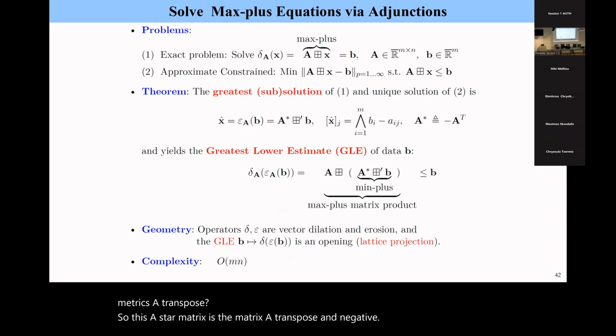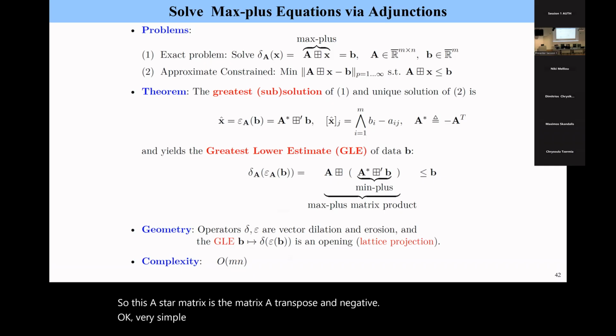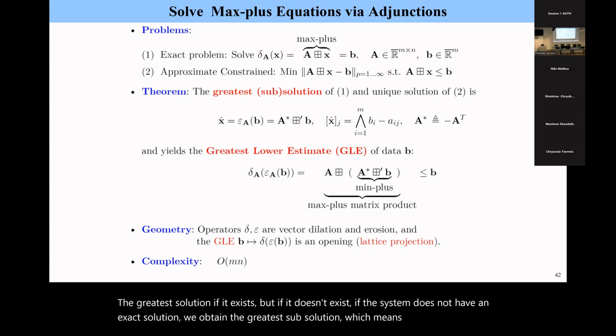Okay, very simple. So then, if we take the min plus product between the A star matrix and the data vector B, we obtain the greatest solution if it exists, but if the system does not have an exact solution, we obtain the greatest subsolution, which means that this X hat is the greatest solution from below.